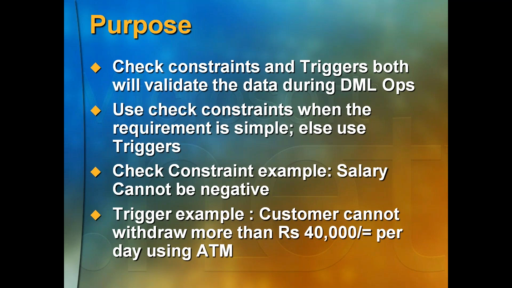Clear? So check constraints are very simple and very fast, and triggers are very complex and a bit slow. People may ask you, triggers perform complex validation, can't they do simple operations? For example, you have a defense force. They are there for complex wars, right?